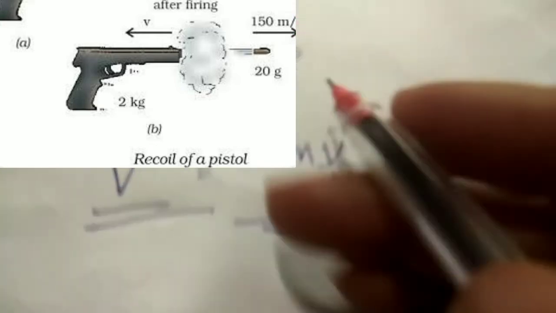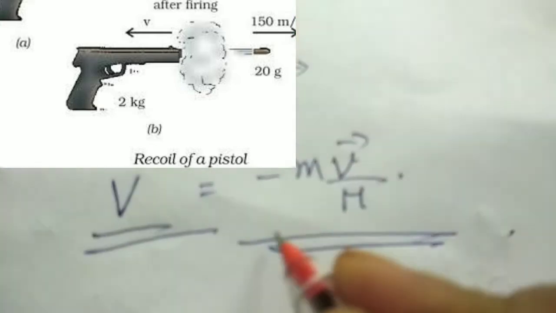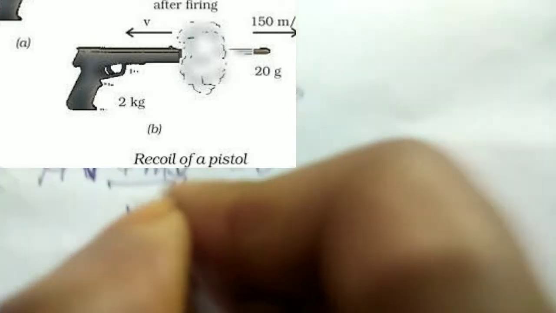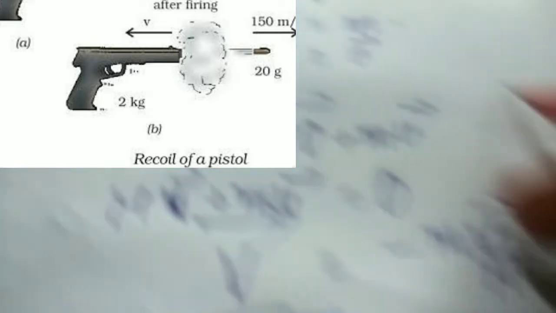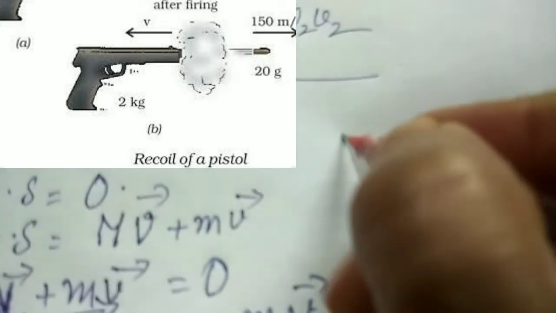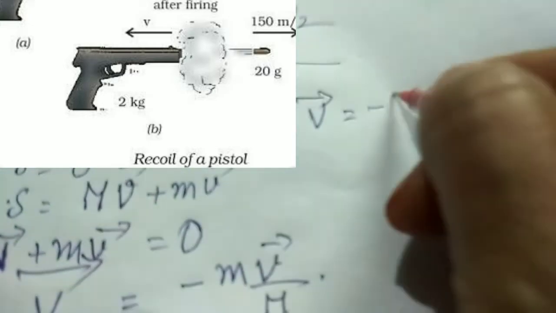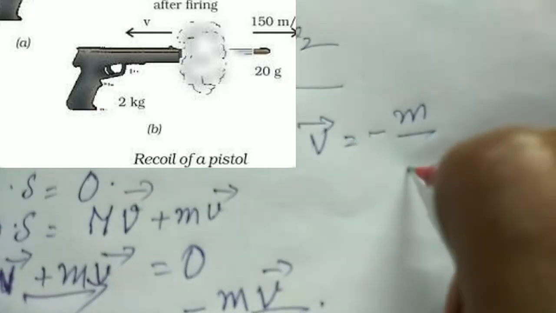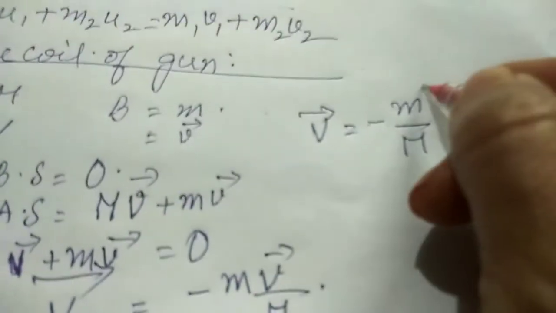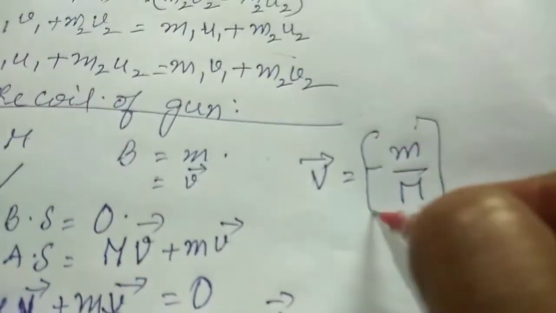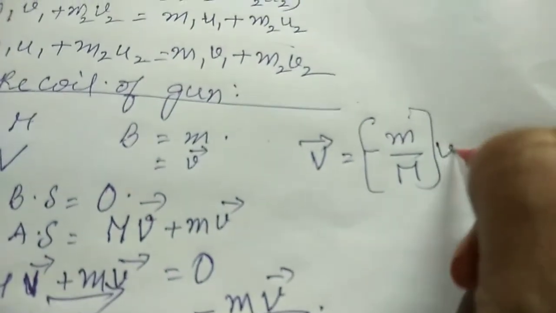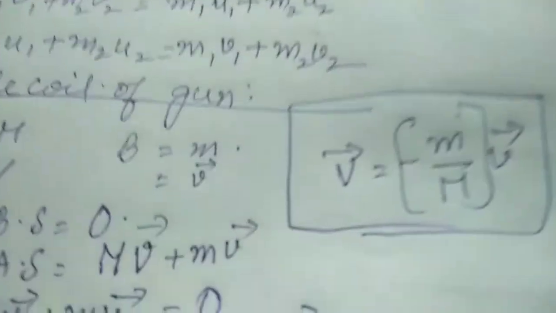So this can be written like this also: V is equal to minus m by capital M into v. This is recoil of gun based on the conservation of momentum.